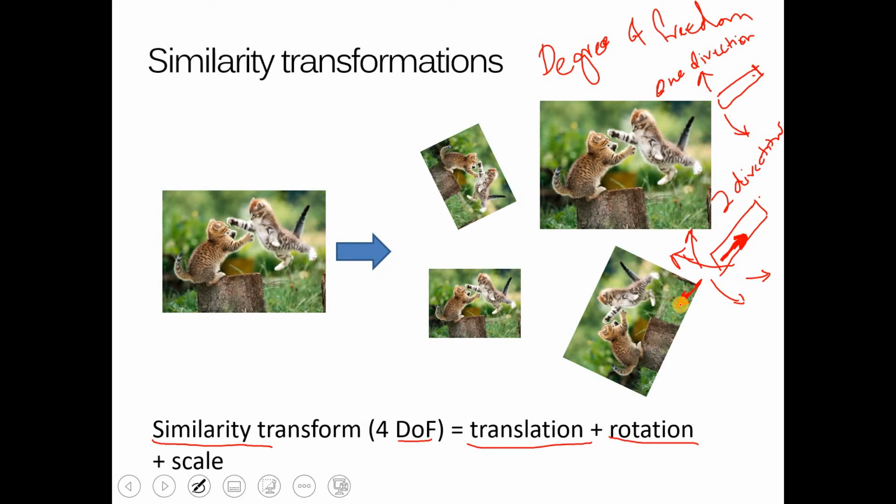You can move an object up, down, left, right, forward, backward. Let's say you have a small book in your hand. For the movement of this book, you can move it up, down, left, right, and forward, backward. So there are basically 3 degrees of freedom.